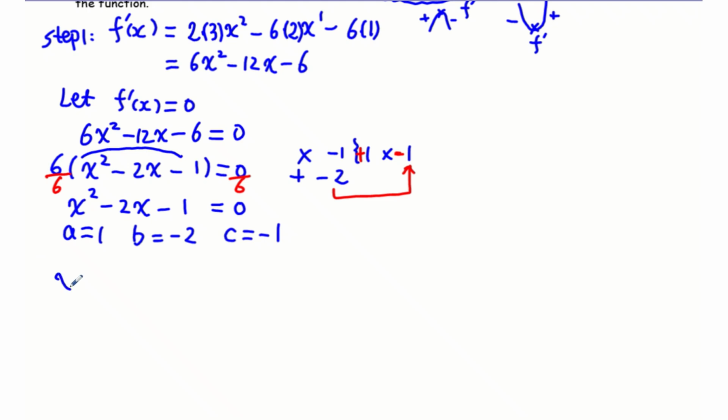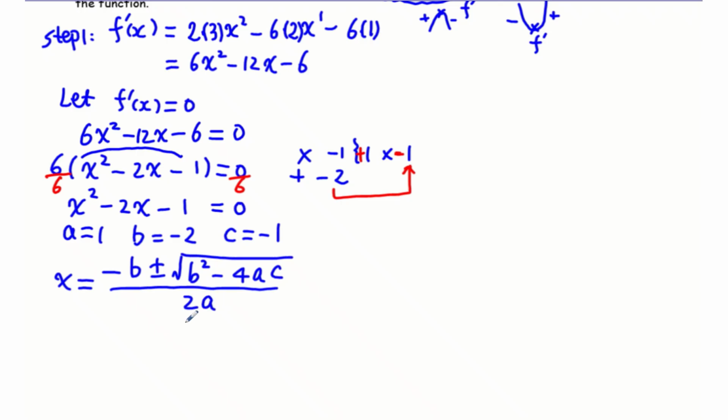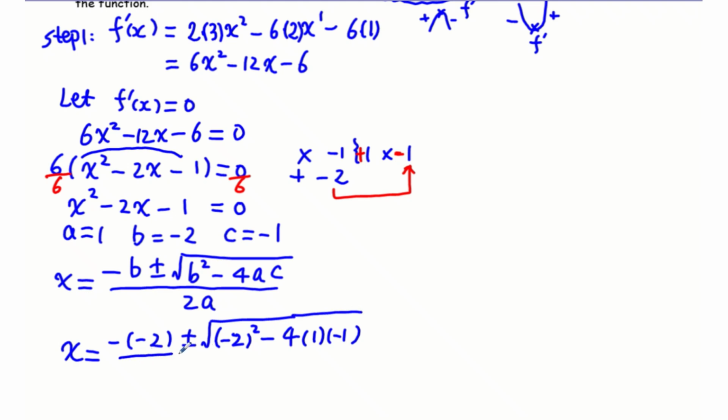So we use the quadratic formula: x equals negative b plus minus square root of b squared minus 4ac, all over 2a. Then we sub in the a, b, c values, so negative negative 2 plus minus square root of negative 2 squared minus 4 times 1 times negative 1, all over 2 times 1.